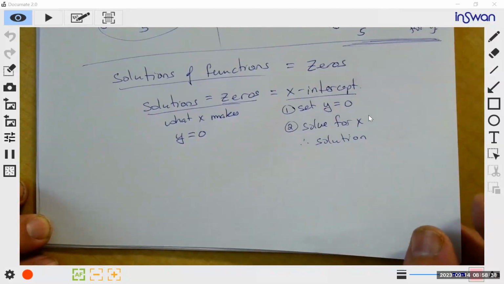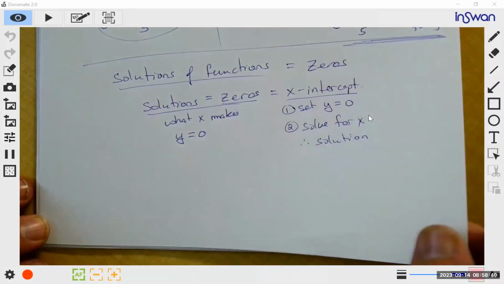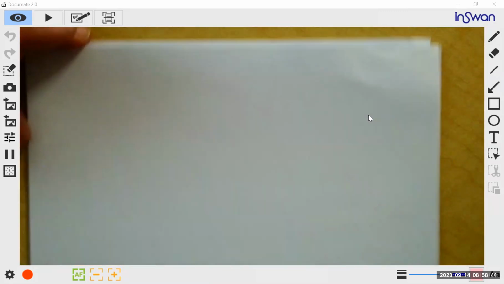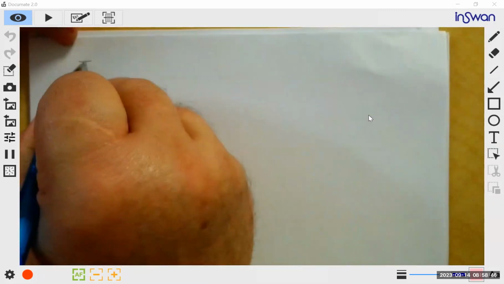Okay, let's finish up the chapter by doing that worksheet I gave you. Inequalities. I have to give you a heads up first.